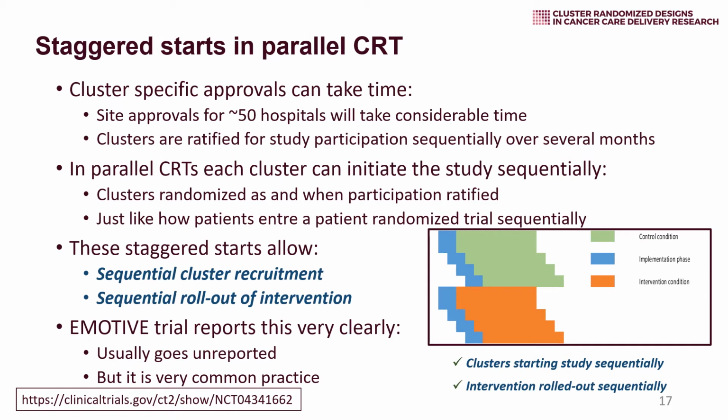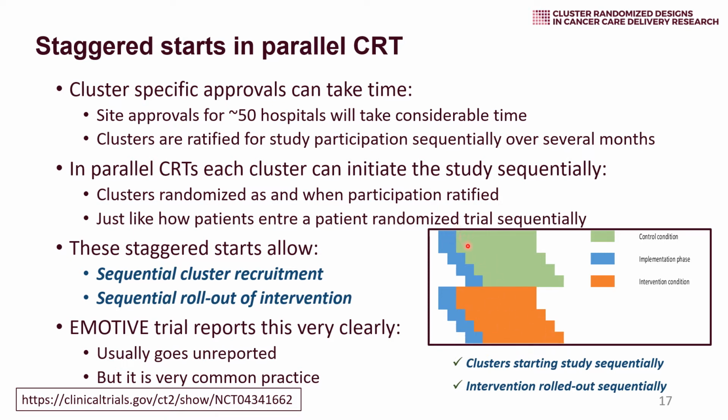So these staggered starts allow for both the sequential cluster recruitment, but they also allow for the sequential rollout of the intervention. So the EMOTIVE trial implemented staggered starts and staggered rollout of the intervention. It was a parallel cluster randomized design, and it reported this very clearly. On the right-hand side here, we have a schematic illustration of the EMOTIVE trial. The green represents the clusters allocated to the control arm, the orange, the clusters allocated to the intervention arm.